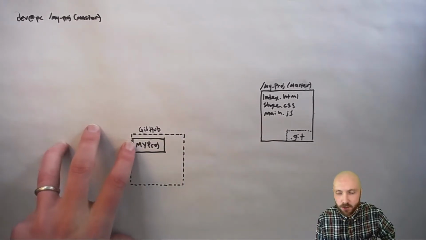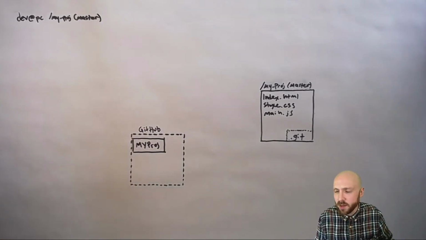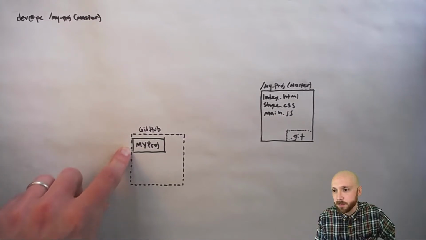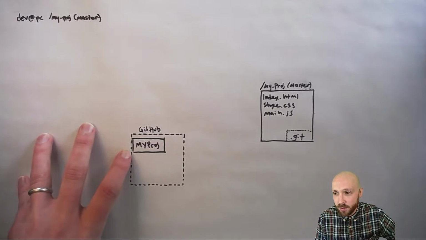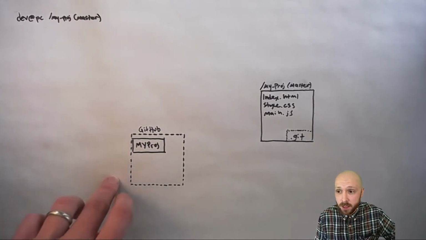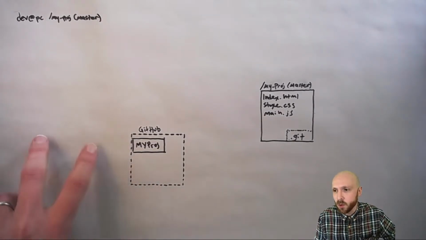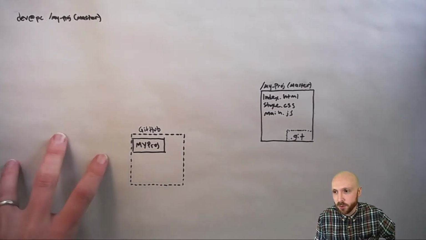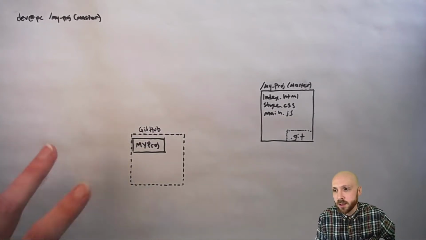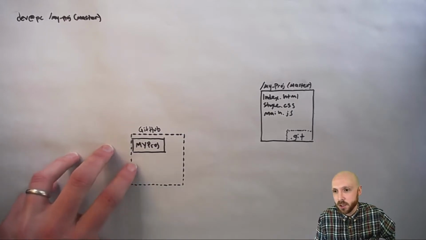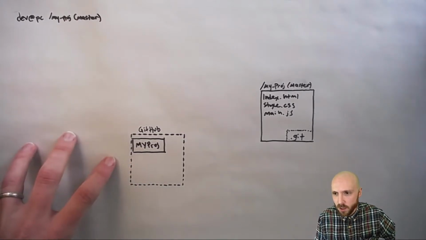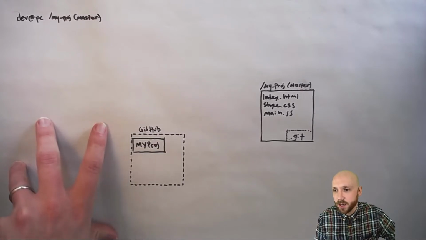So my proj is up there, and once I have done that, part of setting up a remote repository on something like GitHub is you're given an address that will allow you to connect to that remote repository from your local machine. An HTTP URL or an SSH URL. Those are the two methods you can connect with. And in this example, we'll be using an HTTP URL for us to get that connection. And so that is what is represented here.